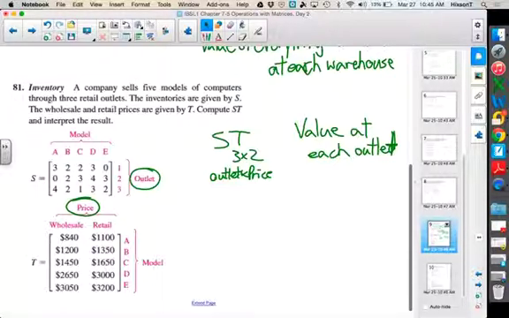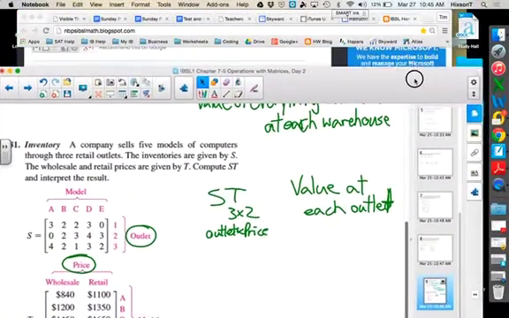So within each element, I have a whole matrix of stuff. And if you think about it, that's kind of how a database is built. A database has all these categories, and then within those categories are subcategories. Really, it is kind of a matrix structure there. So, good question.